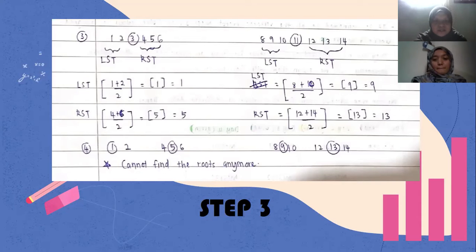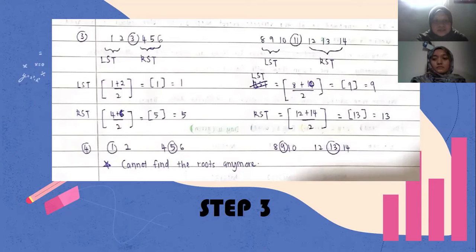So we divide it and we get 5. For 11 as the root, we will have 8 as the lower and 10 as the upper. So we divide by 2 and we get 9. For the right subtree, we will have 12 as the lower and 14 as the upper, and we divide by 2 to get 13.